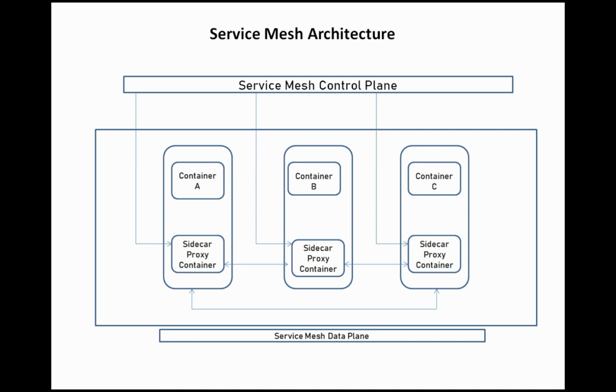These are basically network logic, where he has to whitelist all the endpoint URLs for service B and service C in order for container A to connect to container B and container C. Similarly, if container B has to connect to container A and container C, the developer has to put additional logic for this network connectivity.